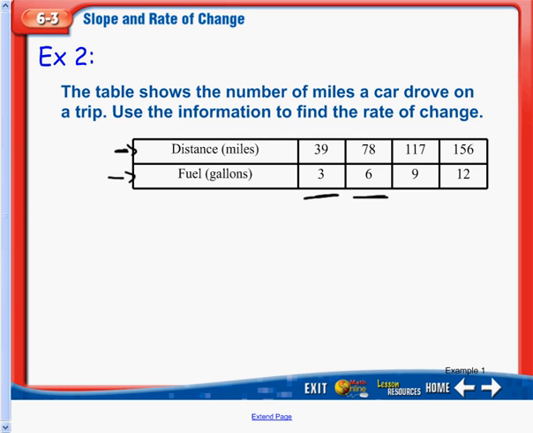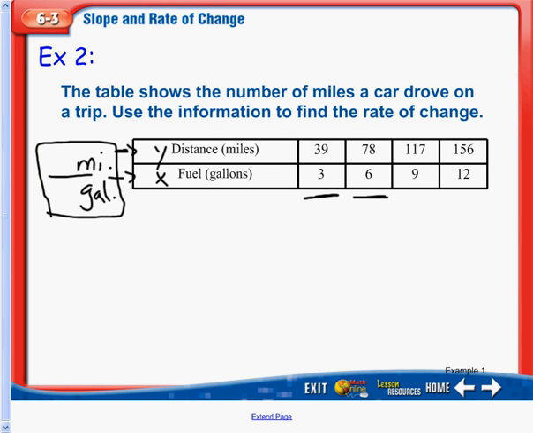So I'm already thinking our label is going to be miles per gallon, because typically gallon is our denominator. Dollars per gallon, miles per gallon, both of those are pretty common. So we know that's what we're going to be looking for here. So again, fuel is going to be our x value, distance is going to be our y value.